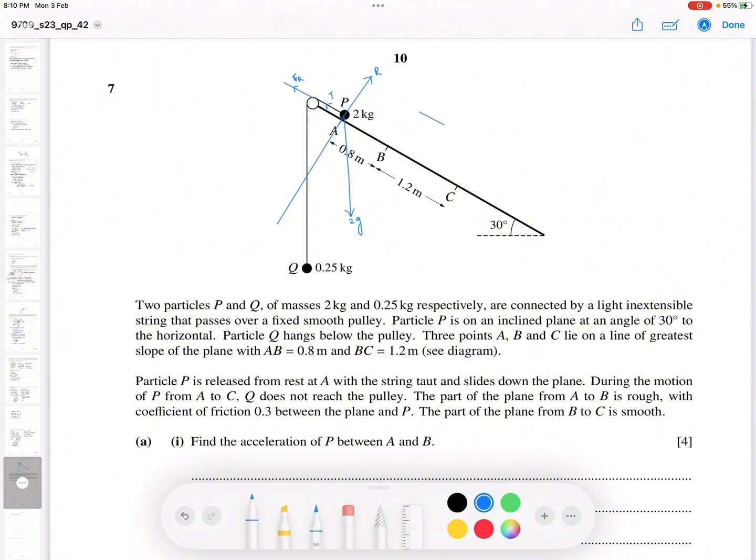Acceleration is in this direction. Tension here is in this direction, and here goes 0.25g. I think this is enough, and let's start solving it.